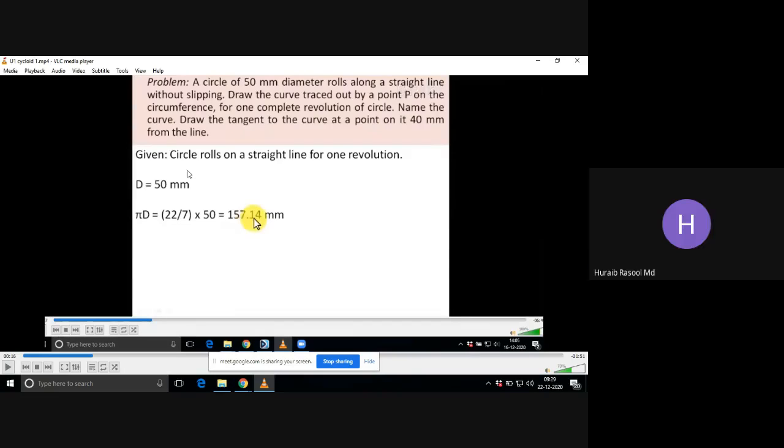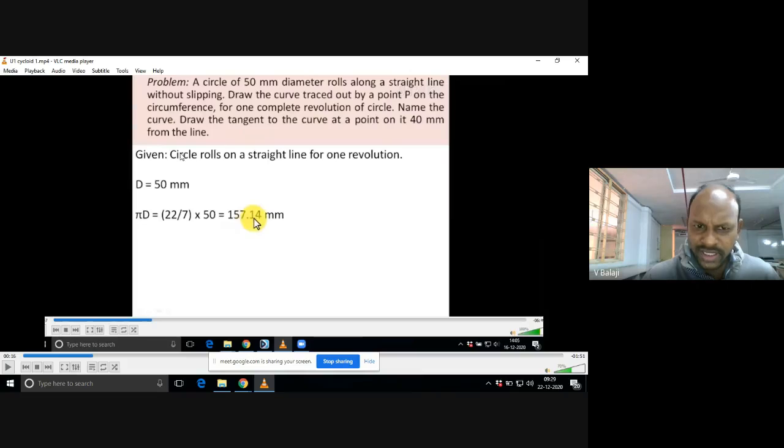Circumference of the circle, because if you take a fixed point on the circumference, that point is tracing a path. I discussed this in the previous class, right? If you take a cycle wheel and a point P at the bottom of the wheel, common to the ground, and the wheel rolls, that point fixed to the wheel also moves, taking different positions at different time intervals. We get those positions as generating points.